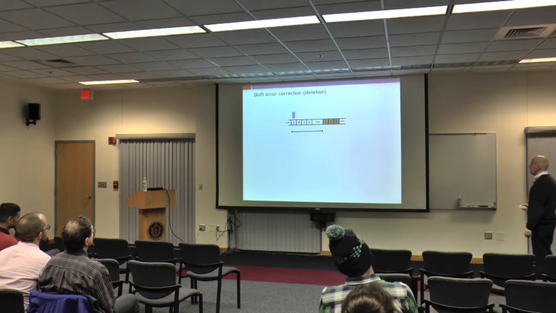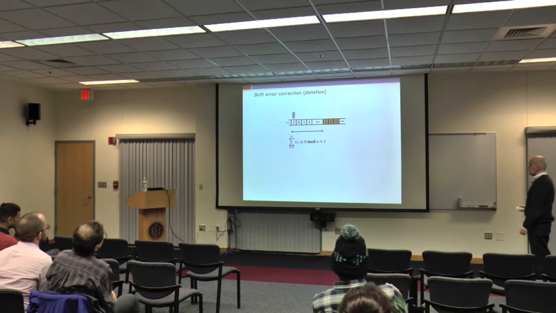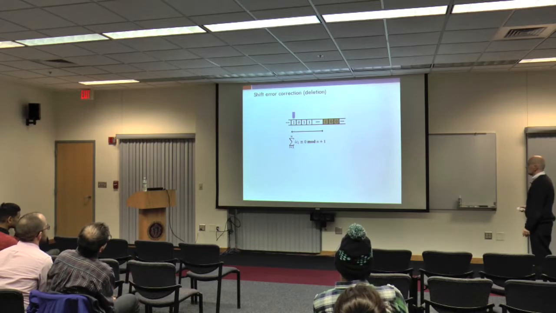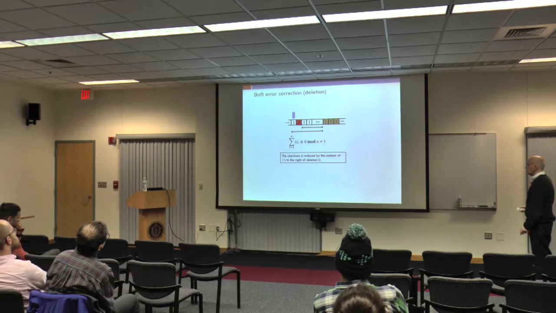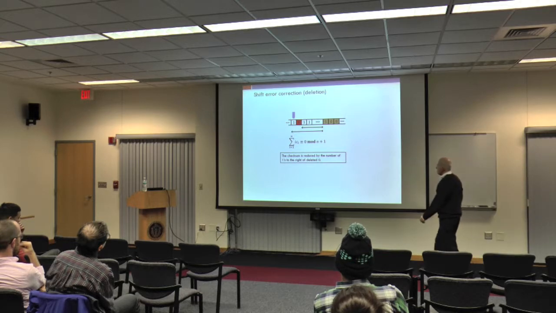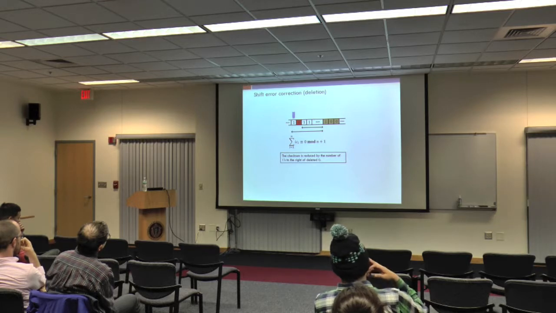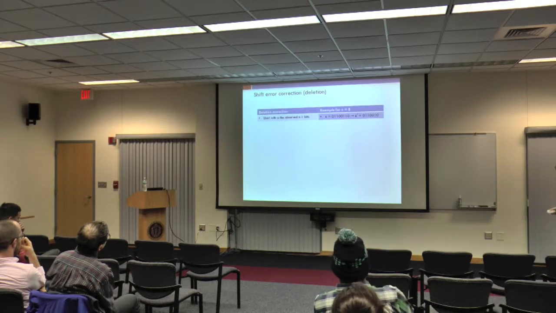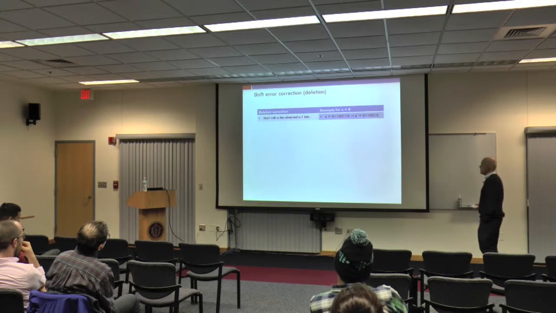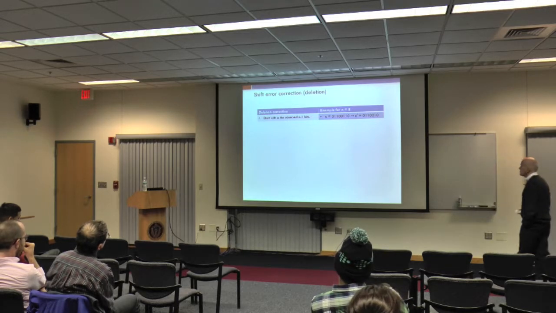All right. Now I'm going to talk about deletions. So here we are. I've deleted that 0, and I've reduced the checksum by the number of 1s to the right of the deleted 0. How does my error correction work? I start with the n-1 bits that I've observed.